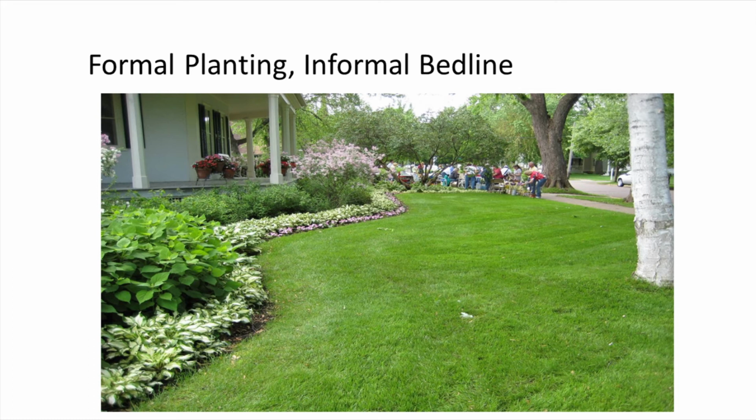So we've got some informal plantings right in front of the porch, and we've got the informal bed line, but we've got a very formal component here with the row, the uniform width of the row of hostas here, as well as the row of pink flowers in the middle. Those are formal elements, but they work because the house is a formal house.